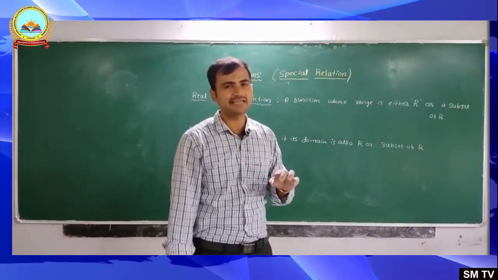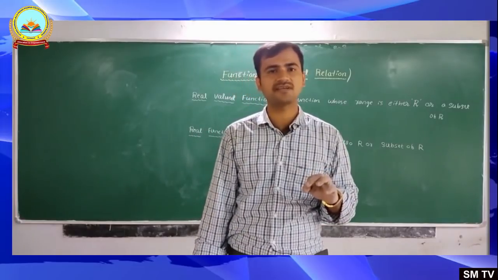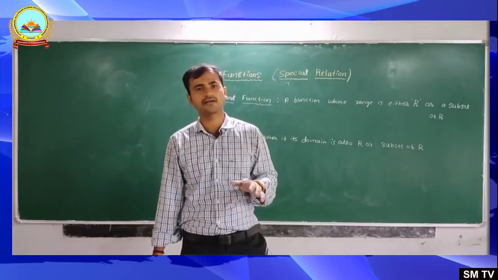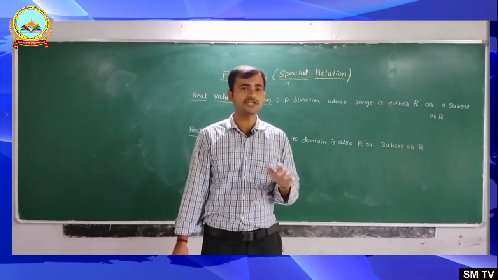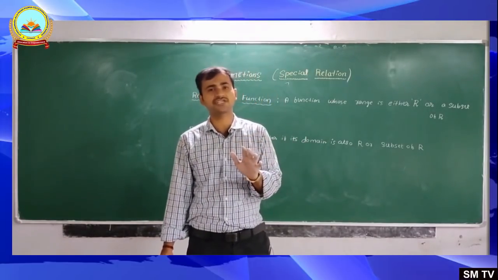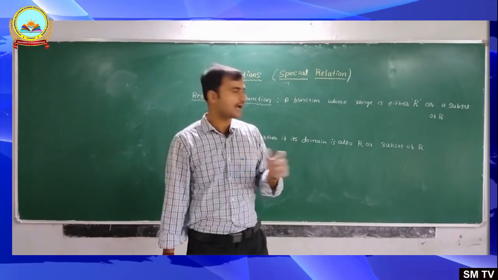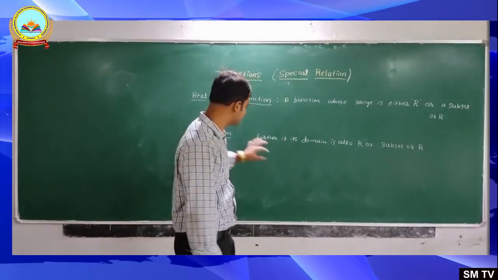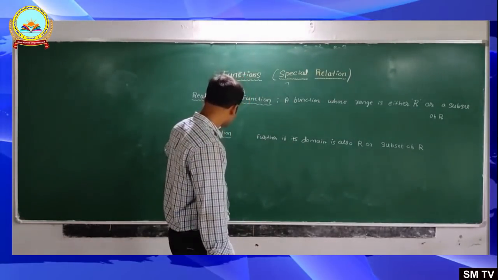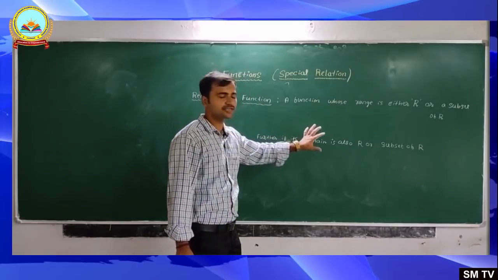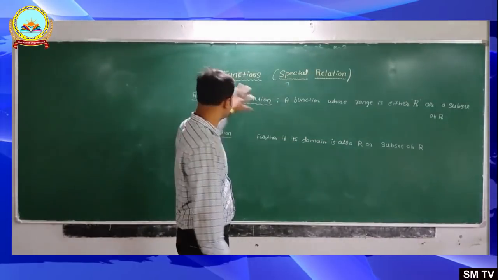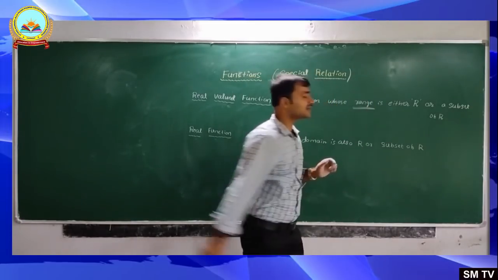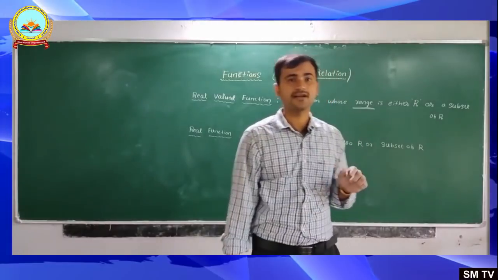So very simply, a real valued function means a function whose range is R or a subset of R. A real function means a function whose domain as well as range are both either R or a subset of R. The difference is, in a real function, both domain and range are R or a subset of R, while in a real valued function, only the range is either R or a subset of R.